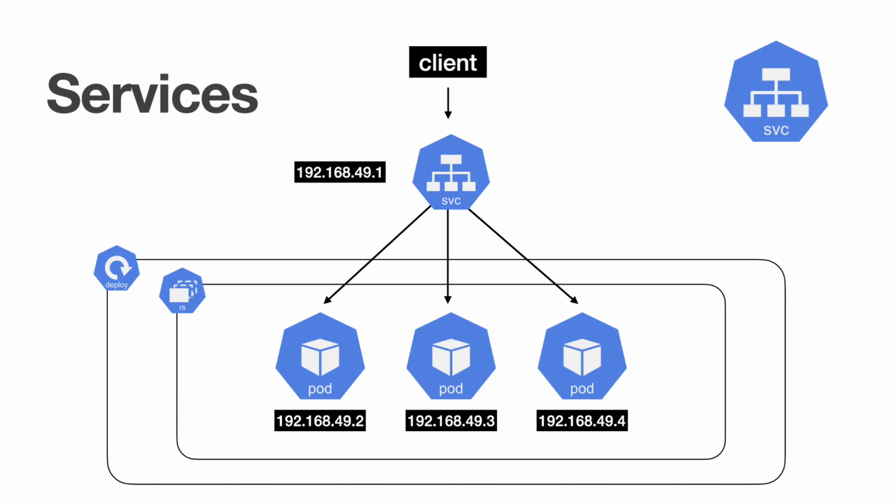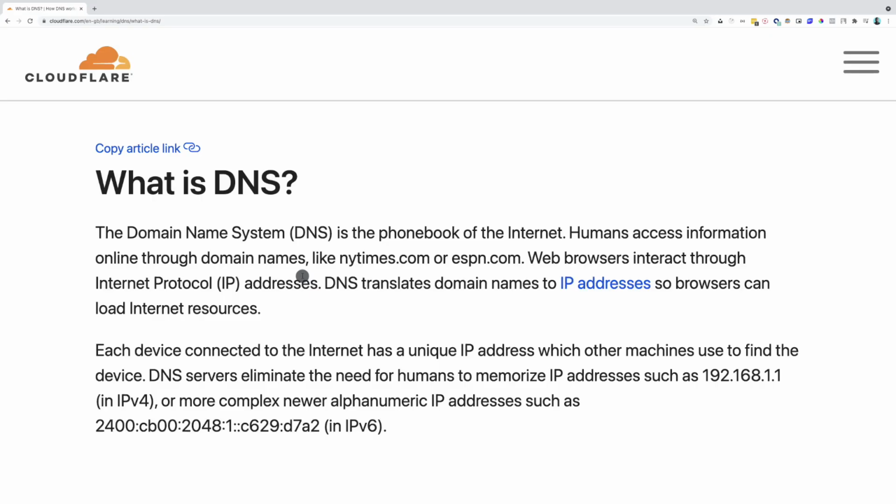So what is DNS? Let me quickly show you the definition of DNS before we proceed. In this Cloudflare blog, they explain what DNS is, and I'm going to leave a link in the description of this video so you can follow along. But basically, DNS stands for Domain Name System, for short DNS, and it's the phone book of the internet.